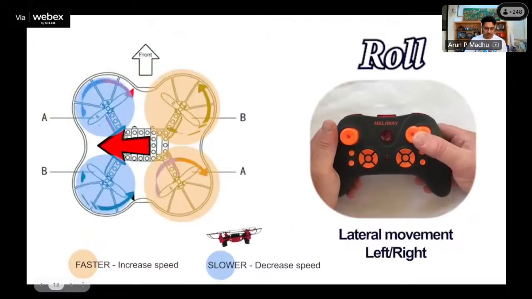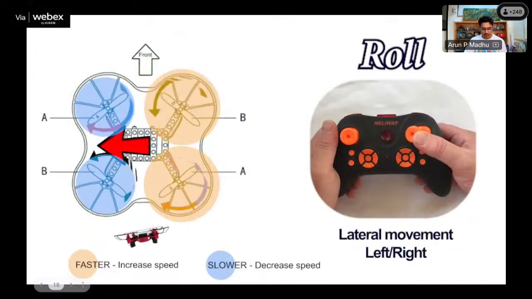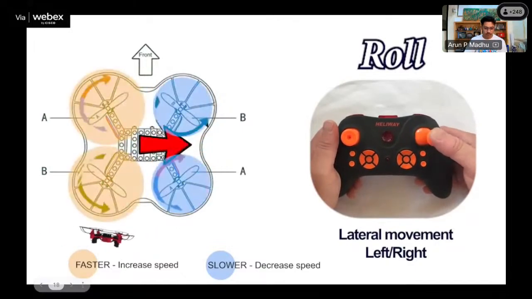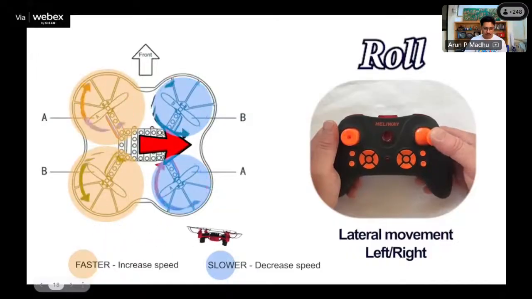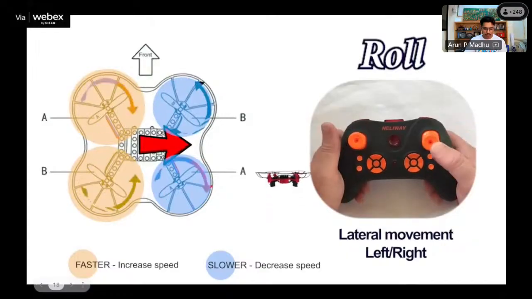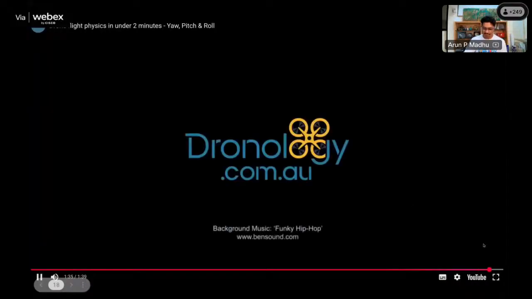Push left, the B and A propellers on the right-hand side speed up and the drone heads left. If you go to the right, the A and B propellers on the left-hand side speed up and it heads to the right. I'm Shane from Dronology, and that's drone flight physics in under 2 minutes. Thanks for watching and fly safe.